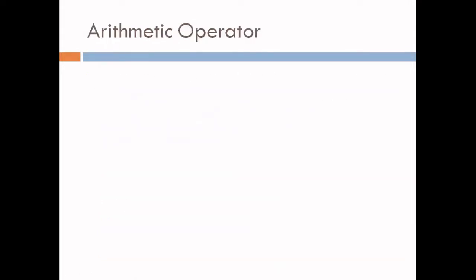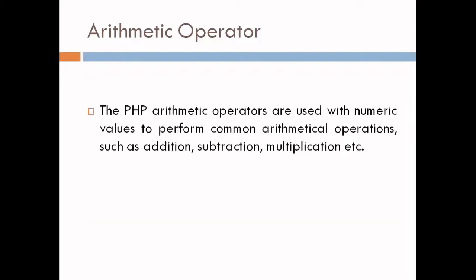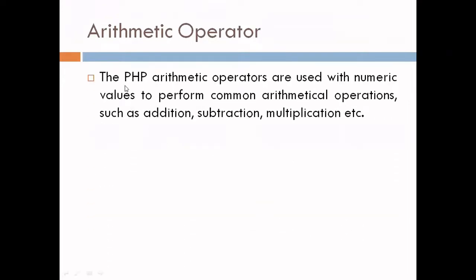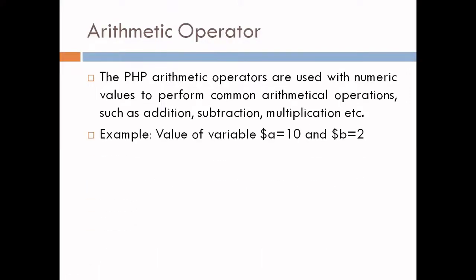Those operators which are used to perform basic arithmetic operations in PHP are known as arithmetic operators. They are used with numerical values to perform common operations such as addition, subtraction, multiplication, division, and modulo. All of these belong to the arithmetic operators category.